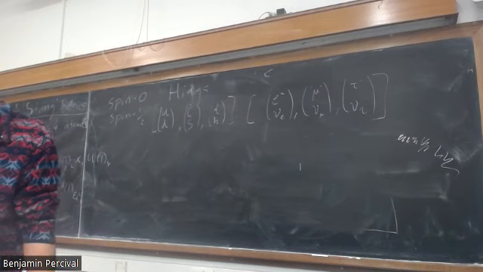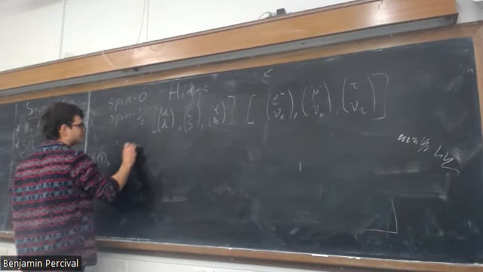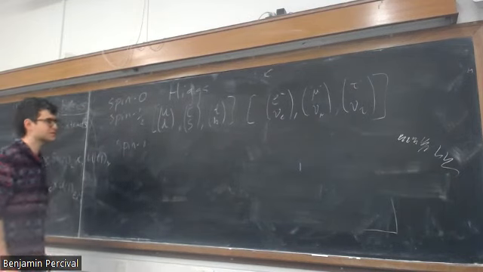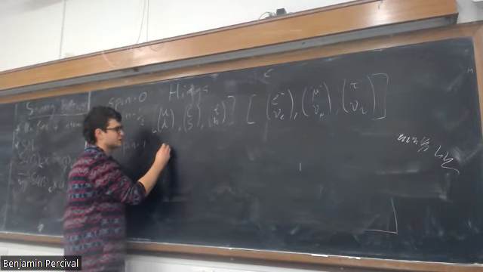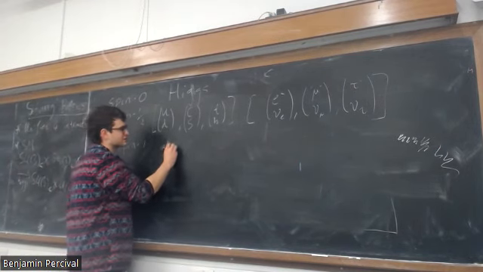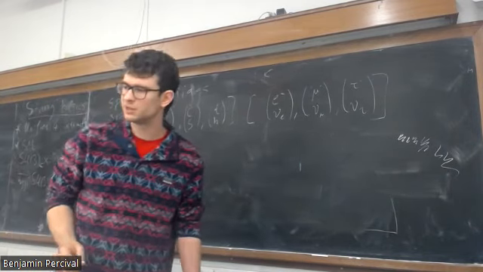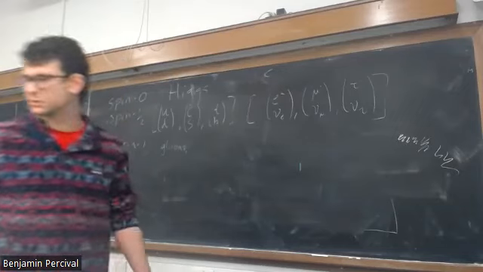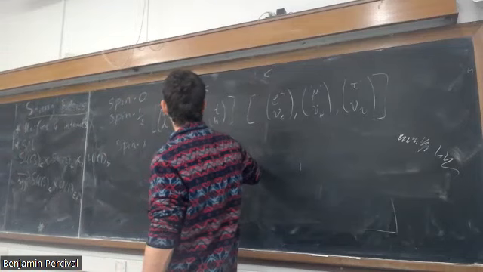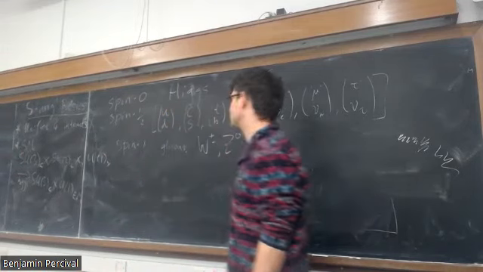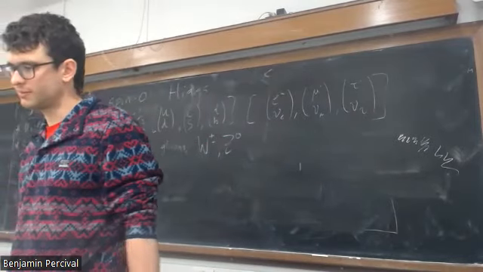And then we have spin 1, the bosons associated to the gauge groups, gauge interactions. So we have the gluons. Maybe I'll just write these. So gluons, G or something, and then W plus minus and Z. So the W plus minus has charge, and Z doesn't.